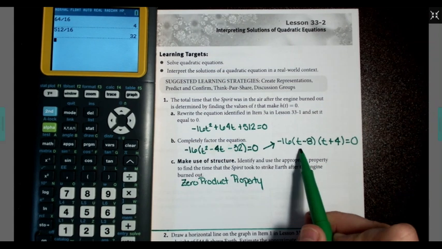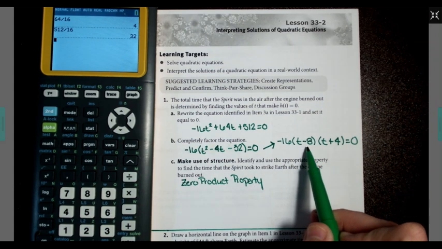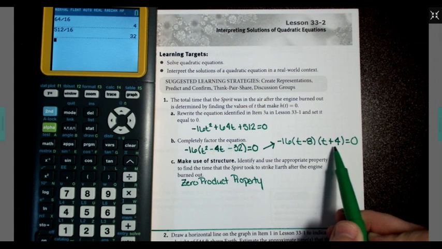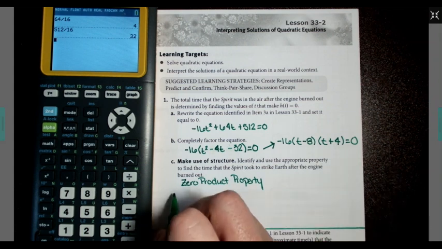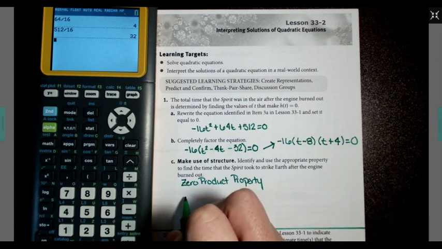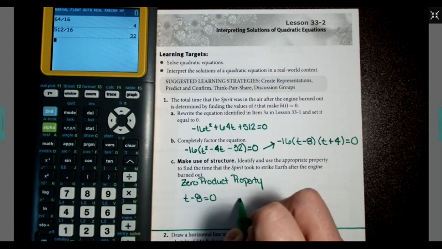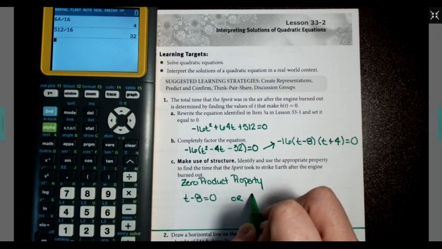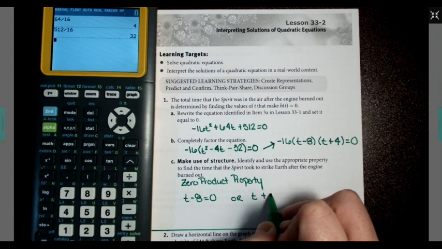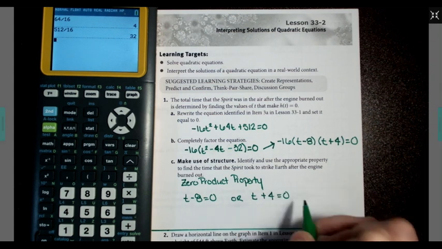That means that either this parentheses has to be 0 or this parentheses has to equal 0. So we're going to say t minus 8 equals 0 or t plus 4 equals 0.